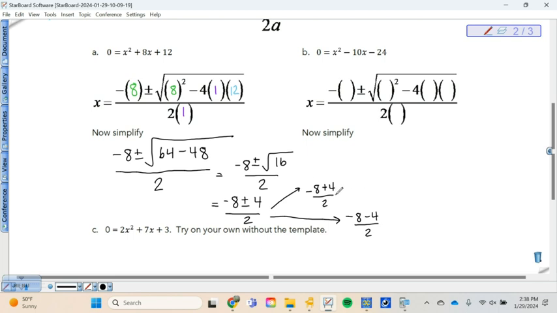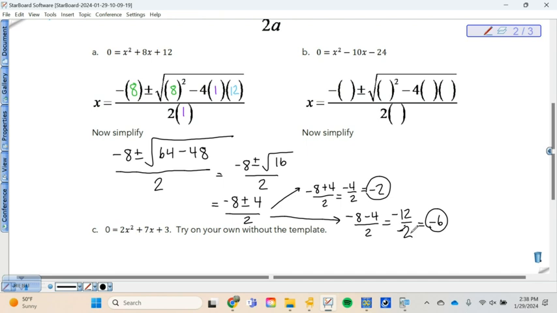So what's negative 8 plus 4? What's negative 4 over 2? And then what's negative 8 minus 4? Negative 12. What's negative 12 divided by 2? Negative 6. So we got the same answer as we did on the other side.